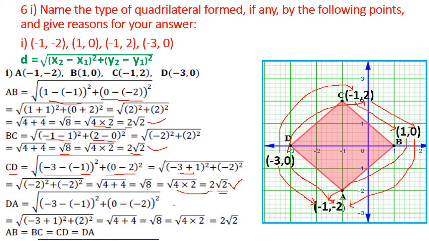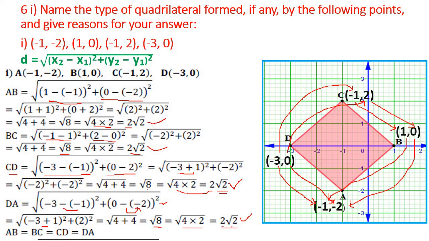Minus 3 plus 1 is minus 2, whole square, which is 4. 2 square is 4, so the square root of 8. Root 8 is root 4 into 2. Root of 4 is 2, so 2 root 2. So here also we got 2 root 2.